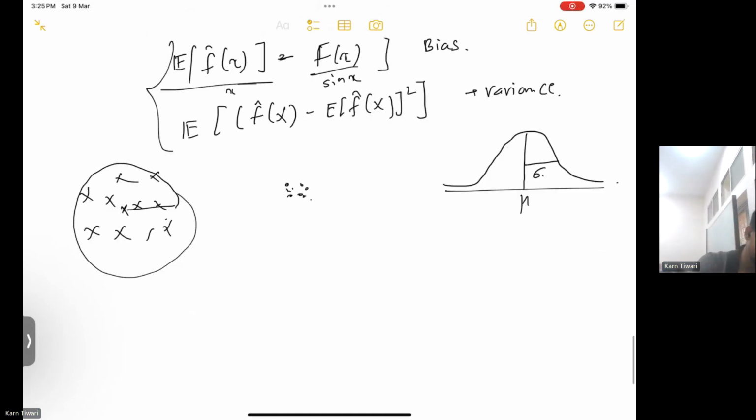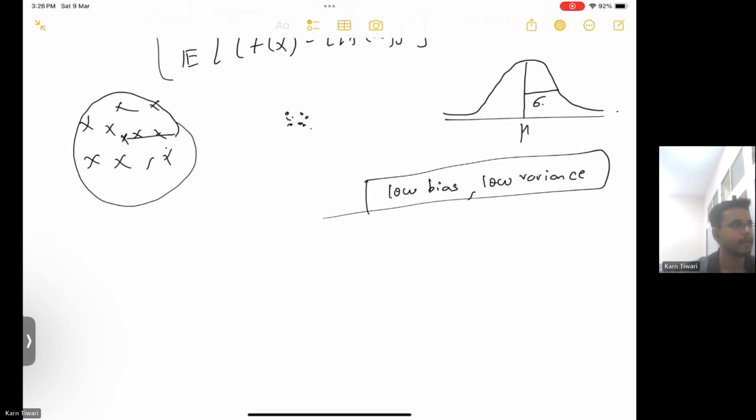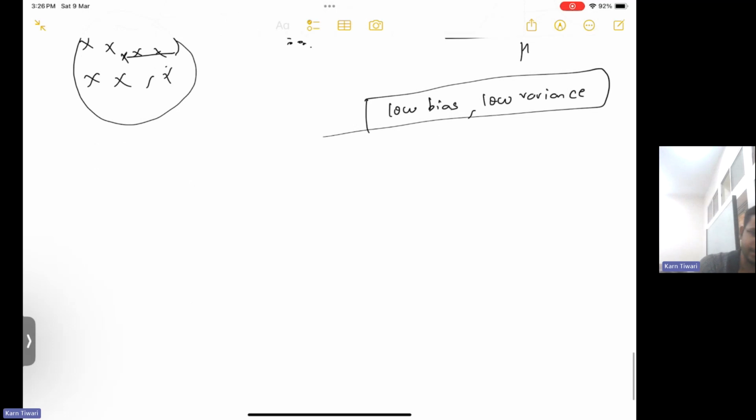Okay. So we need low bias and low variance. That is what we need basically. Okay. So basically there is a derivation which was done this week, I guess. Okay.